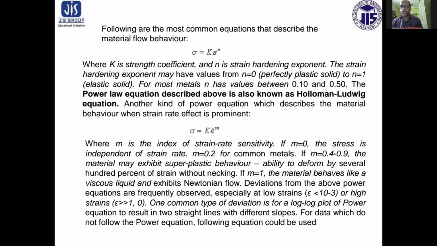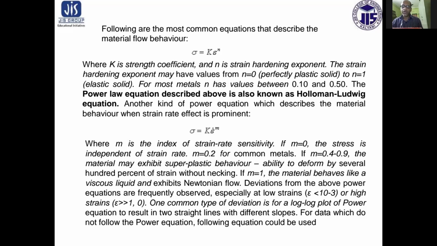If m is between 0.4 and 0.9, the material may exhibit superplastic behavior, the ability to deform by several hundred percent of strain without necking. If m equal to 1, the material behaves like a viscous fluid and exhibits Newtonian flow.